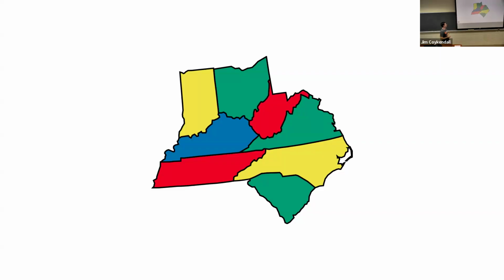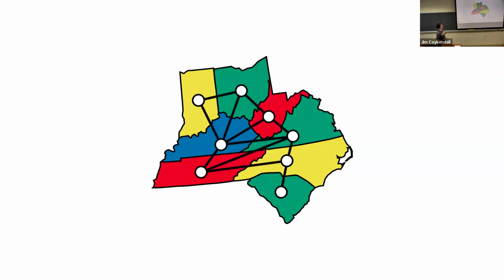Here's one way to do that. You can put a dot inside of every region, and then whenever two regions share a boundary, you draw a line connecting their dots to say those two regions are touching. And then you can do that for all of them. So this is what it will look like if you connect the dots. I'm going to say nodes or vertices.